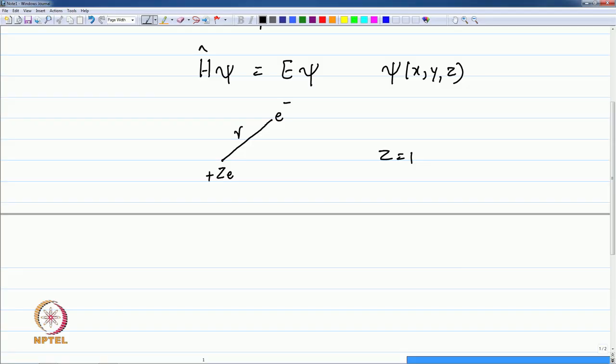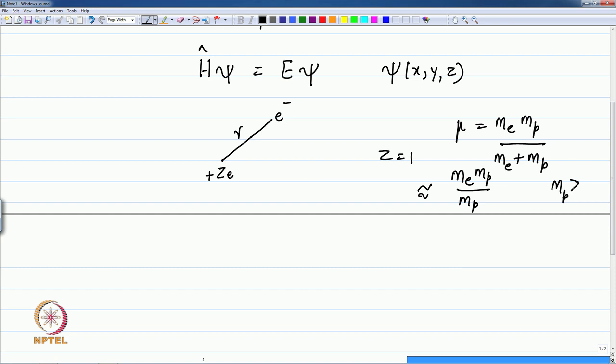The two-body problem, and then remove the center of mass from the two-body problem and study only the relative motion of the two-particle system, which in this case the relative mass, or the reduced mass, for the two-particle system is the mass of the electron times the mass of the proton divided by the mass of the electron plus that of the proton, which is approximately the mass of the electron times the mass of the proton divided by the mass of the proton, since M_P is much greater than M_E, and therefore mu turns out to be approximately M_E when you cancel the M_P.